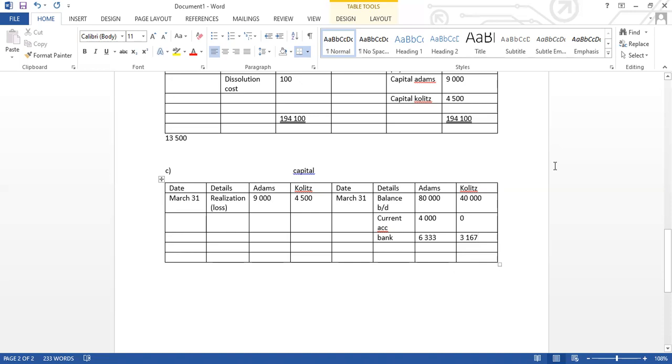So let's read what they said. Now your cash must be paid in or withdrawn by the partner so that their capital accounts close. So we need to either pay in or withdraw so that the capital accounts balance.